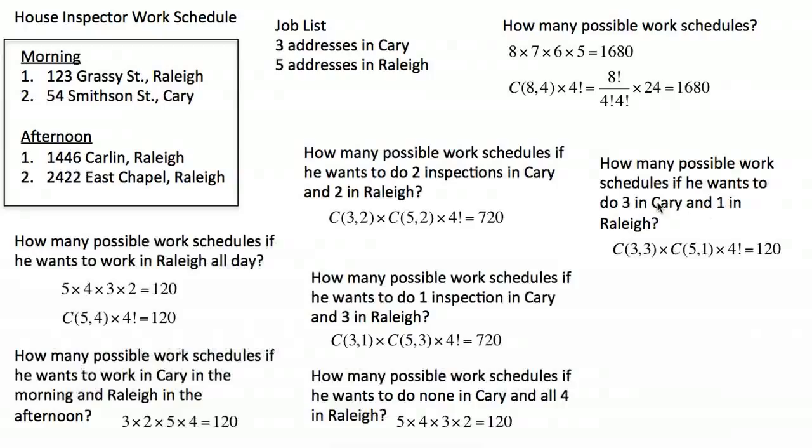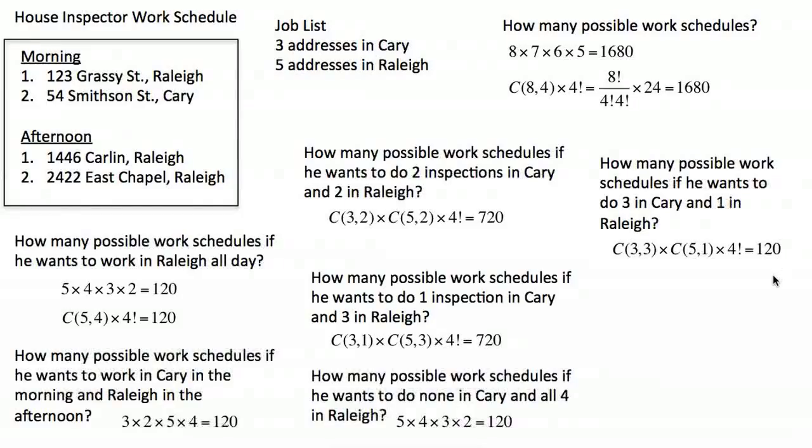And to do 1 in Raleigh means doing 1 of the 5 in Raleigh. So we count the number of ways to do 3 from the 3 in Cary and 1 from the 5 in Raleigh. That gives us the 4 locations to be visited, and then again 4 factorial ways of lining them up in the work schedule. This calculation comes out to be 120 again.